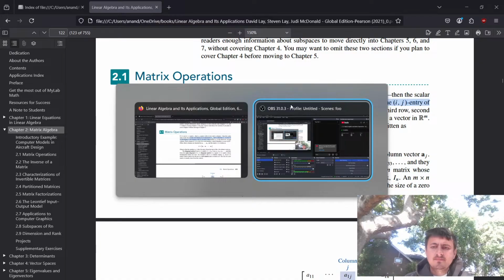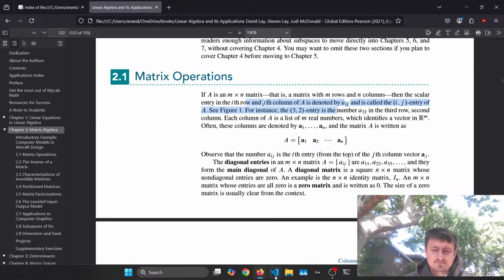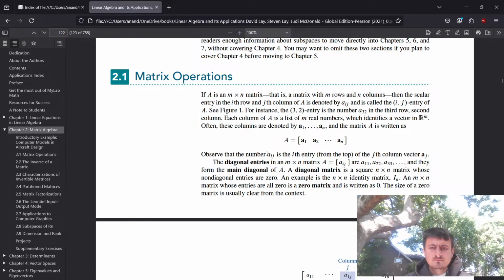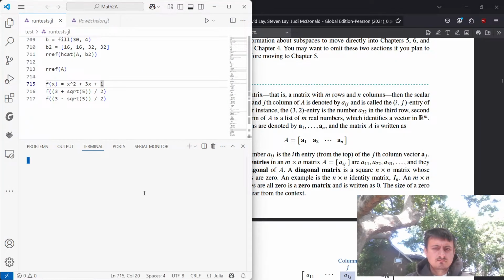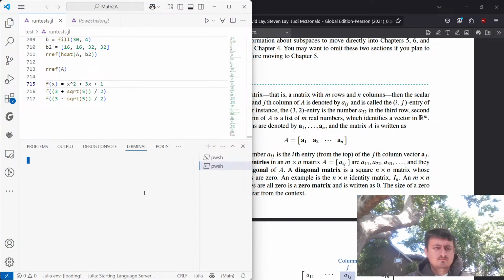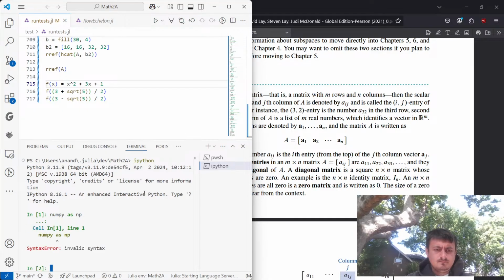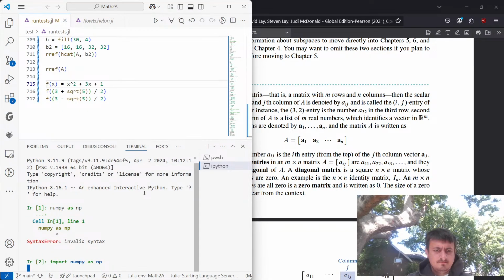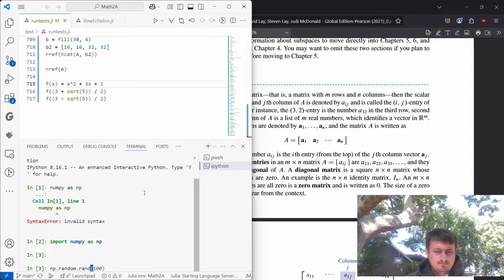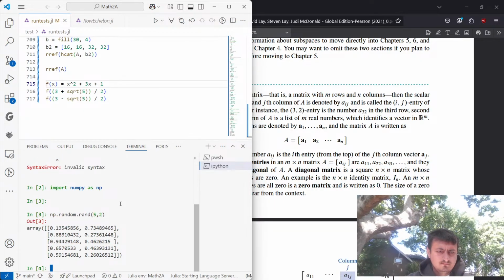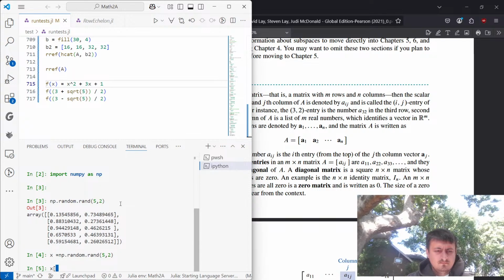Is that actually true in Python? Can I just index it like this?